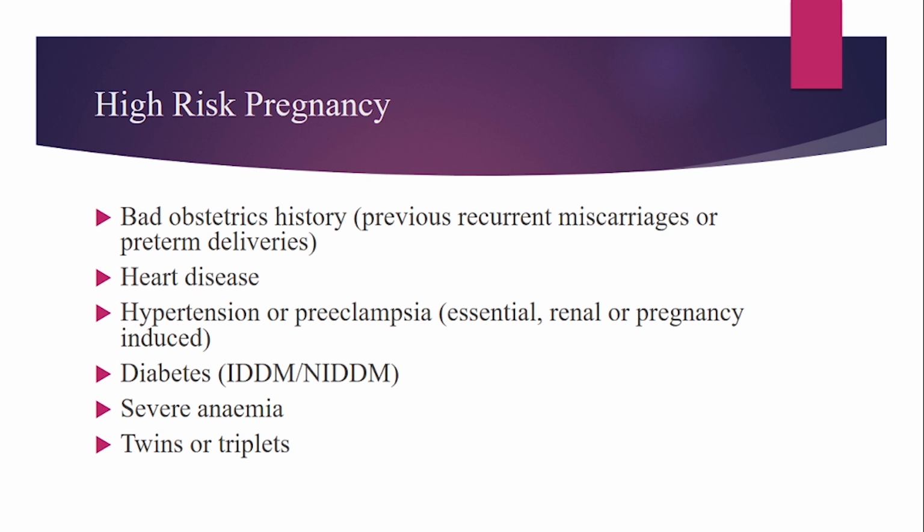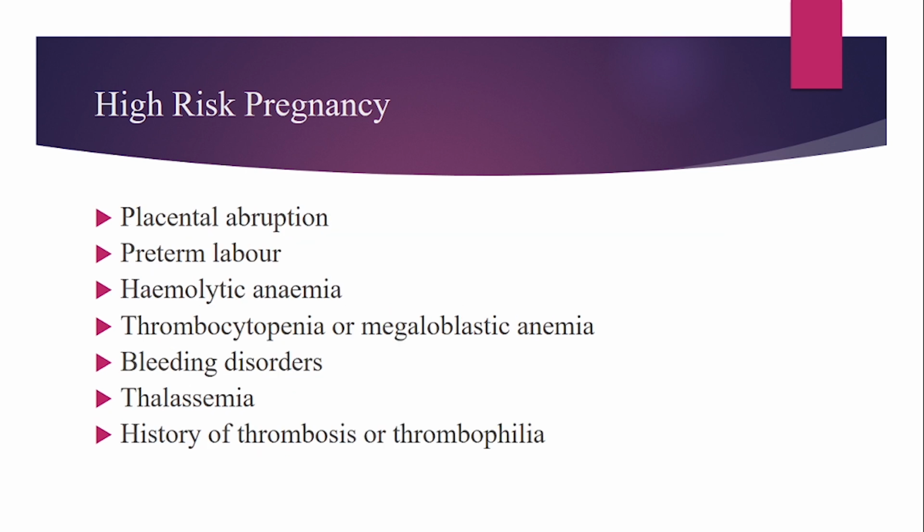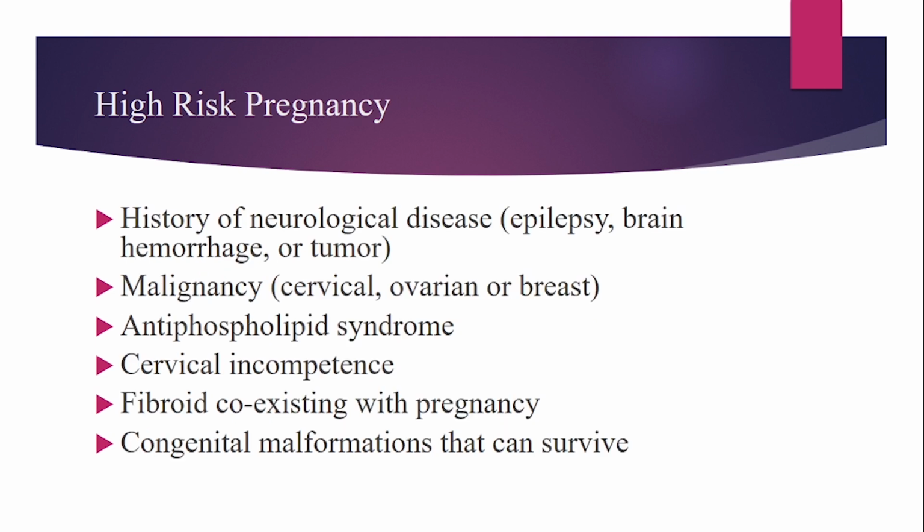Women who present at the initial visit with severe anemia, women with twins, triplets, or higher order gestation, women with previous history of placental abruption, women with preterm labor, women with hemolytic anemia, thrombocytopenia or megaloblastic anemia, women with bleeding disorders, or women with previous history of deep vein thrombosis. All these are categorized as what? As high-risk pregnant women. And they are monitored very closely.